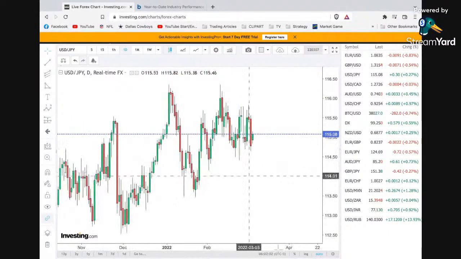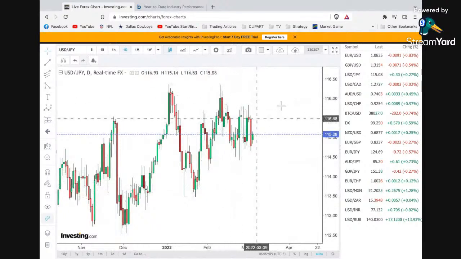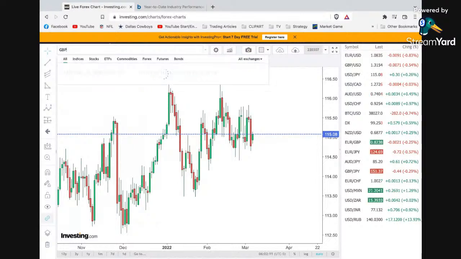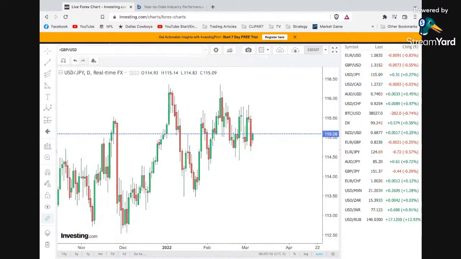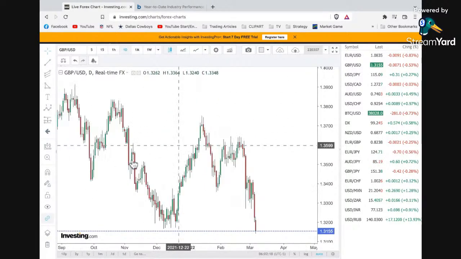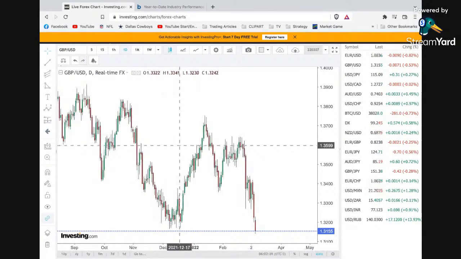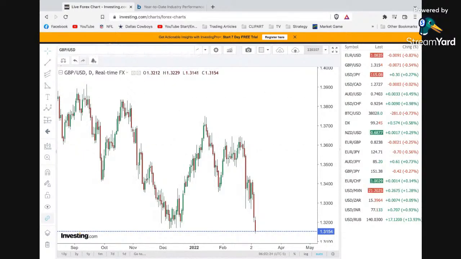And you still see this kind of triangle looking shape here. Let's see, Great British Pound, US dollar. Let's take a look at that. Ugly, ugly, ugly. Let me go back to the yen to be clear.